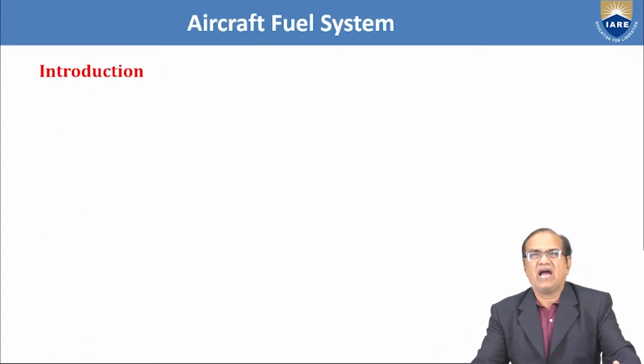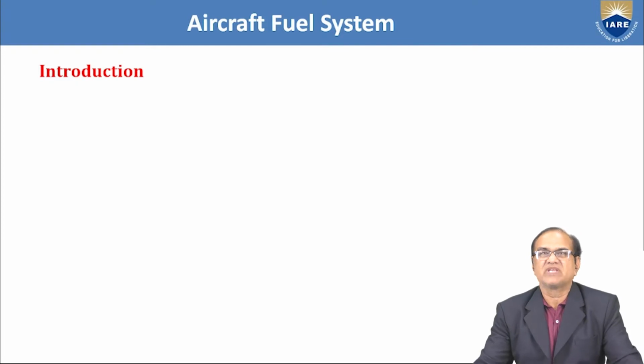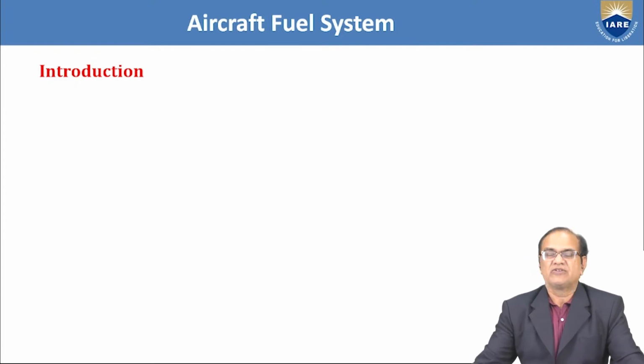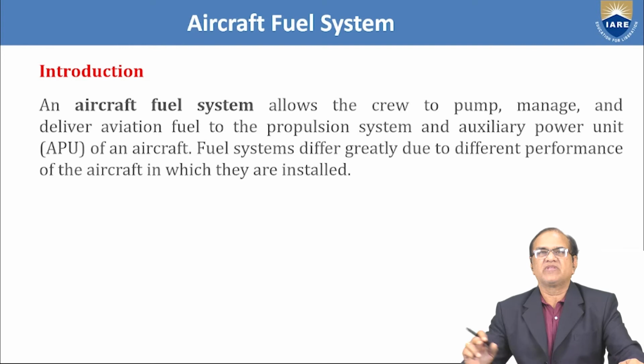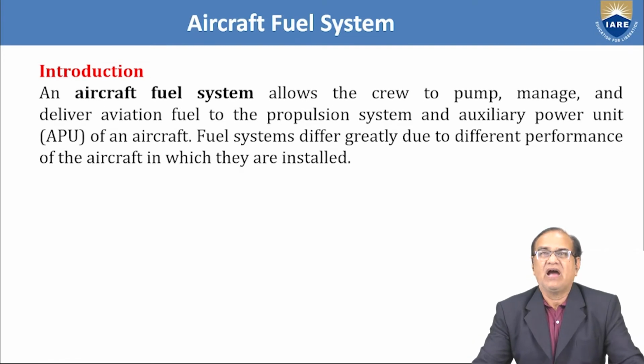So here, for the aircraft fuel system, I will talk about the introduction. An aircraft fuel system allows the crew to pump, manage and deliver aviation fuel to the propulsion system and the auxiliary power unit, called the APU, of an aircraft.